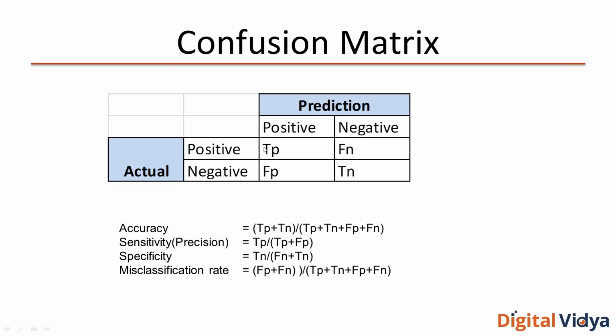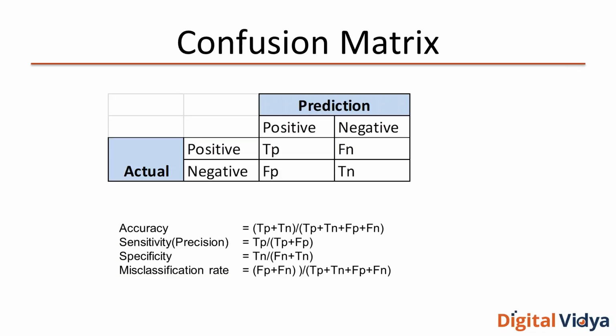What is true positive? When your prediction was positive and the actual result was also positive. I'm saying positive and negative because I'm considering a binary classification. A positive case is when the person survived, and if the person died in this Titanic example, it's a negative case.